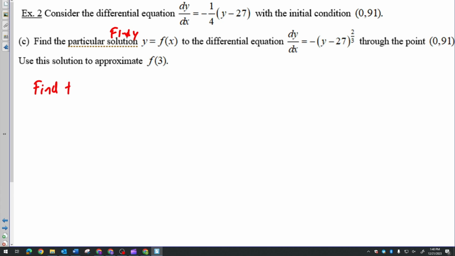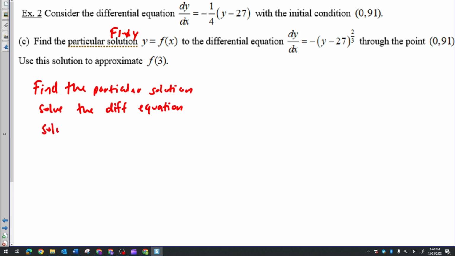One is find the particular solution. Another is solve the differential equation. They could be really explicit and say just solve for y. All these things mean find y. They could also say find the equation of the curve.